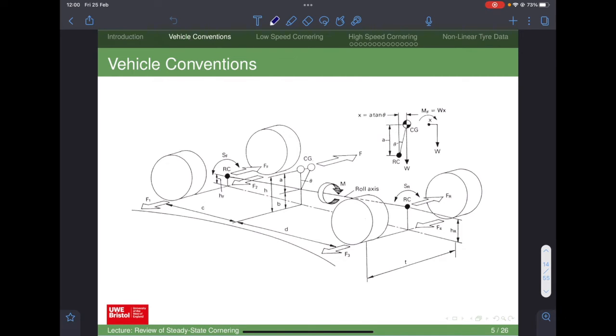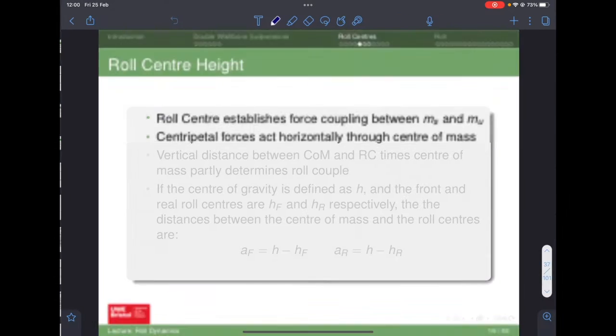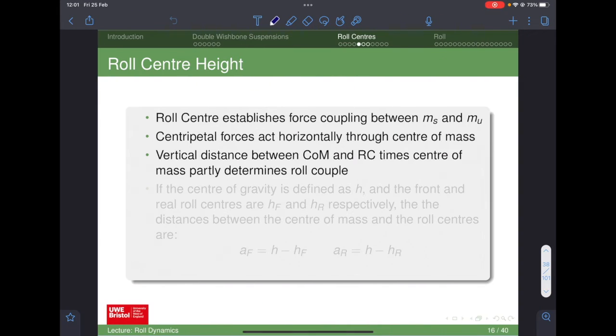If you apply a force, it's going to rotate around that line. Distance A depends on the height of the roll centre at the front and the rear, so the vertical distance between the centre of mass and the roll centre.